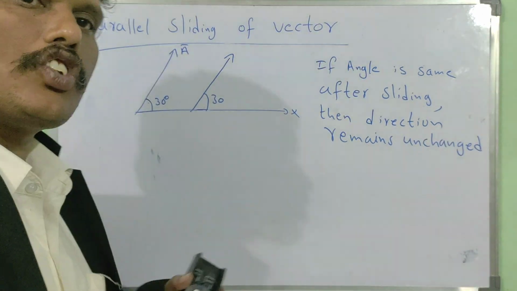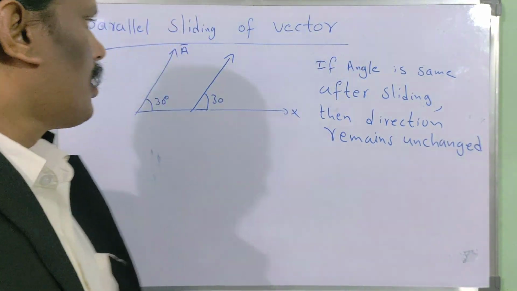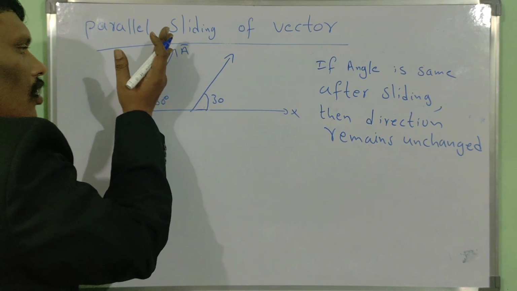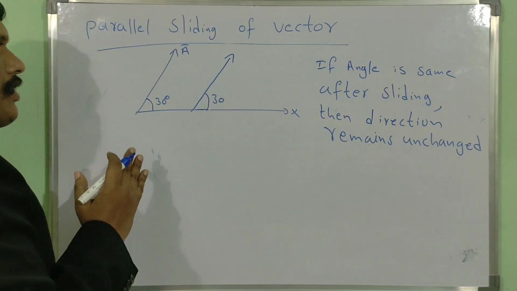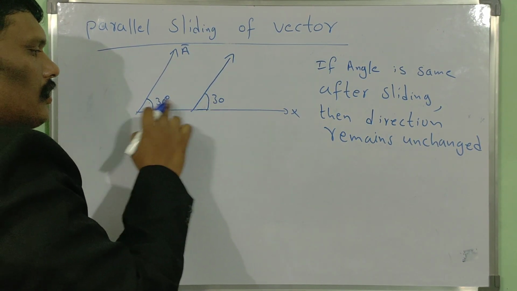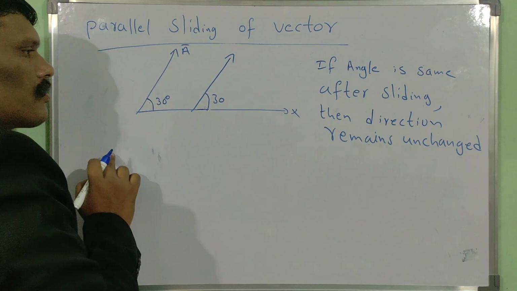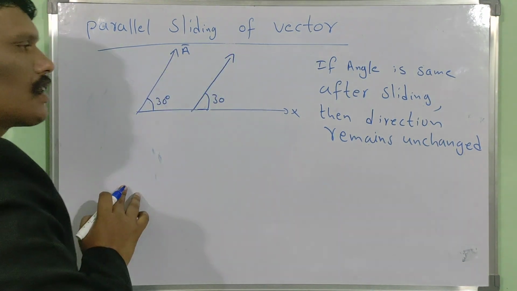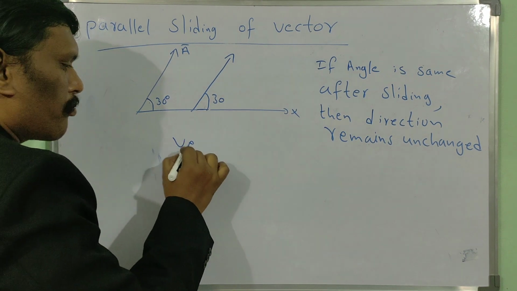It means the direction is not changing. So while sliding a vector from one position to another position, the angle is not changed, which means the direction is also not changing. So here what happened?